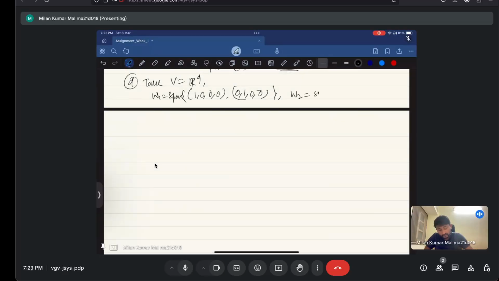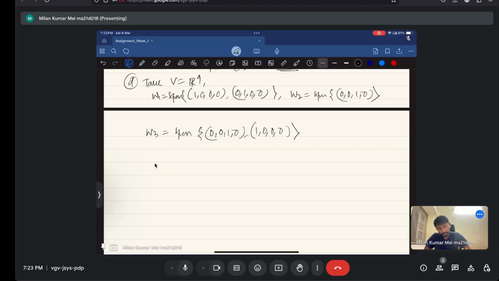W2 equals span of 0 comma 0 comma 1 comma 0, and W2 and W3 should be disjoint. W3 equals span of 0 comma 0 comma 1 comma 0 and 1 comma 0 comma 0.